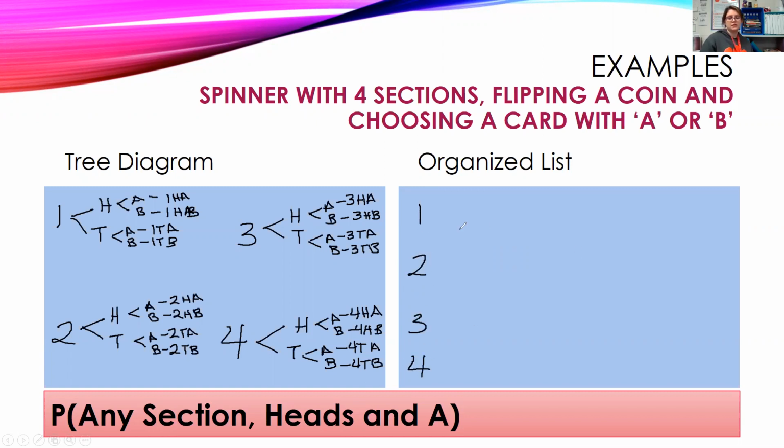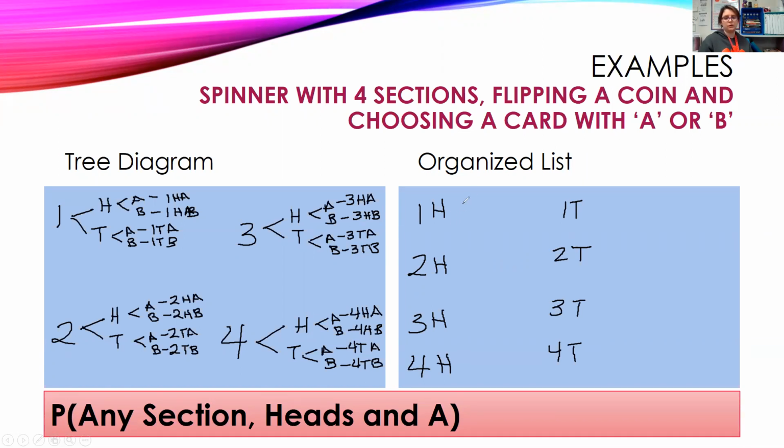But this time I would have to think through. I could have a 1 and an H and a 1 with a T, and a 2 with an H and a 2 with a T, and a 3 with an H and a 3 with a T, and a 4 with an H and a 4 with a T.